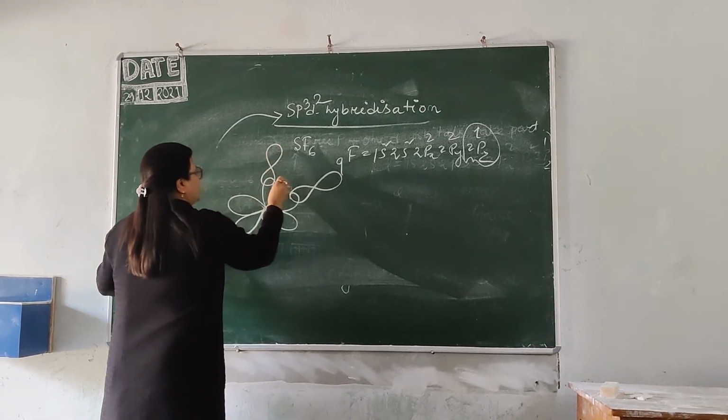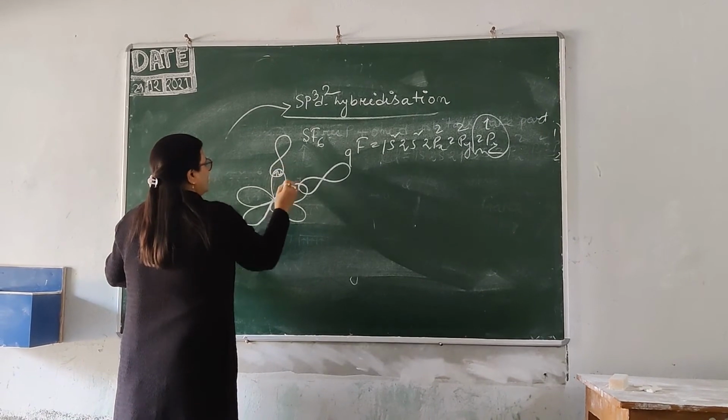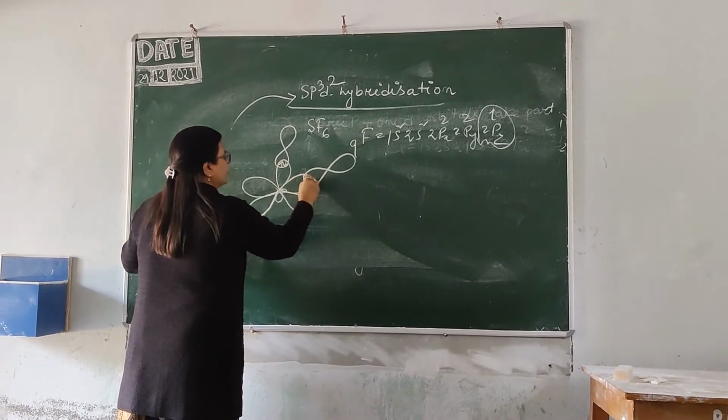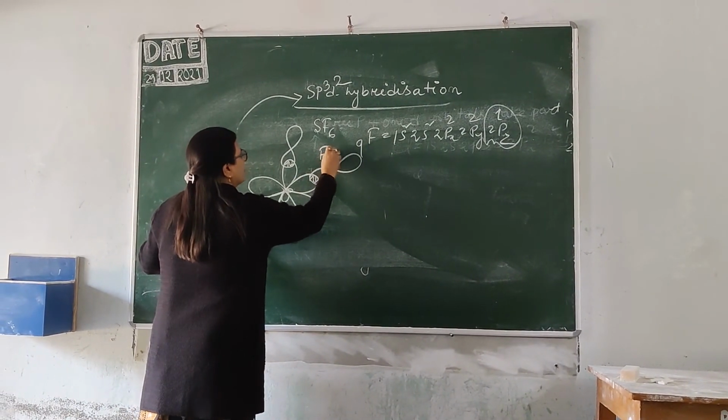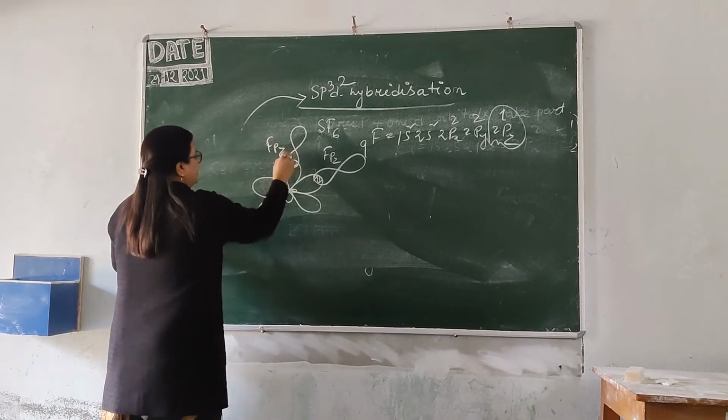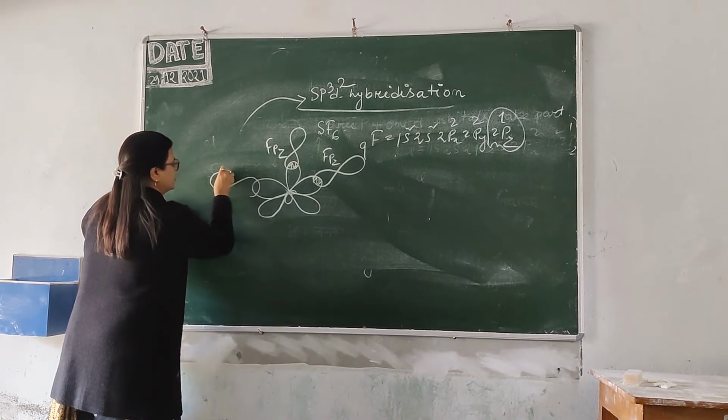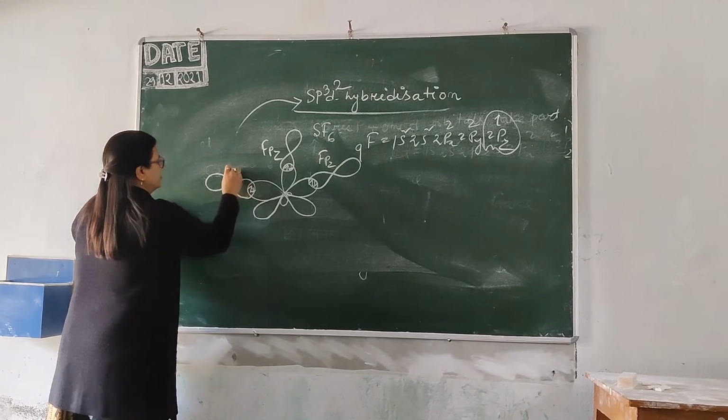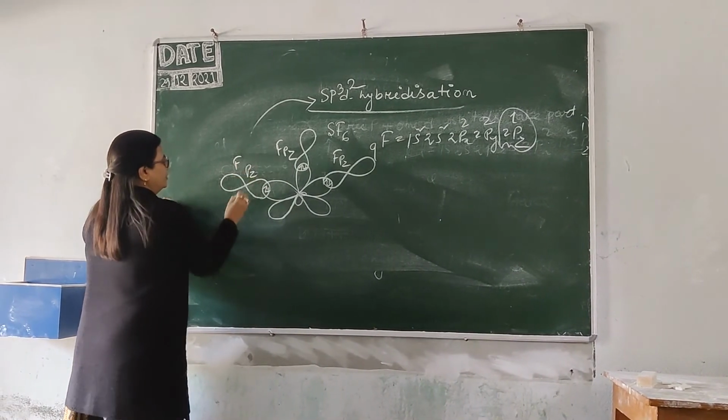These are the p orbitals of the fluorine atom. Fluorine pz.